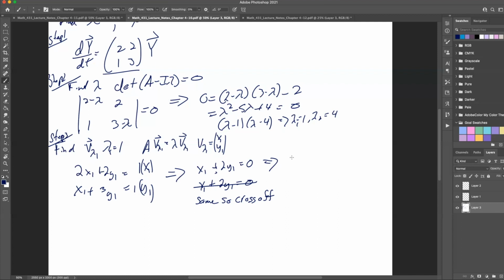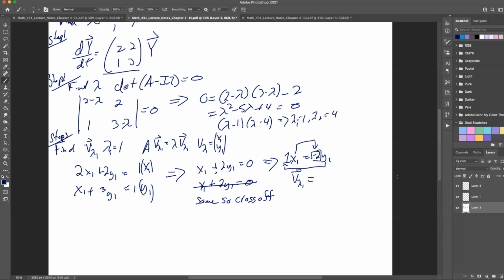So here I have x1 equals minus 2y1. And so how do I choose? This will have an infinite number of solutions, right? If I choose x1, I can solve for y1. If I choose y1, I can solve for x1. What I almost always do in this case is I choose x1 to be the coefficient on y1, and then I choose y1 to be the coefficient on x1.